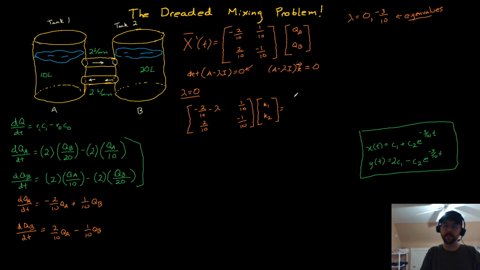It is a vector, so 0, like that. If you multiply this out, you'll have two equations, but we only need one because by some strange math magic, the two equations should always give you basically the same answer. It doesn't matter which one you choose. So I'll just choose the top one.